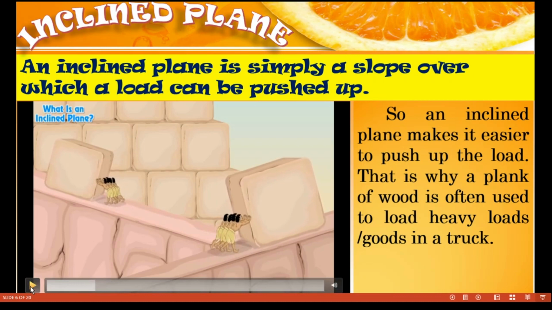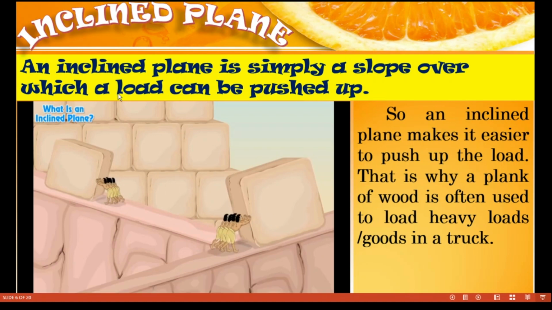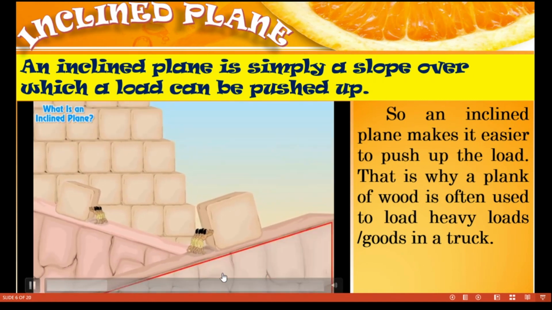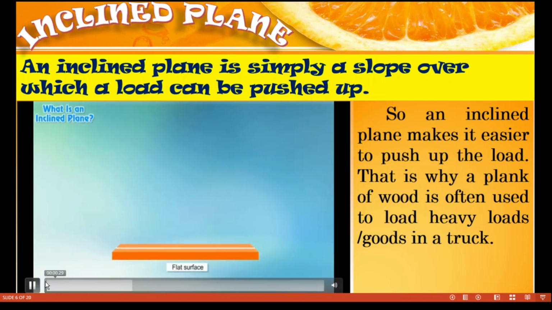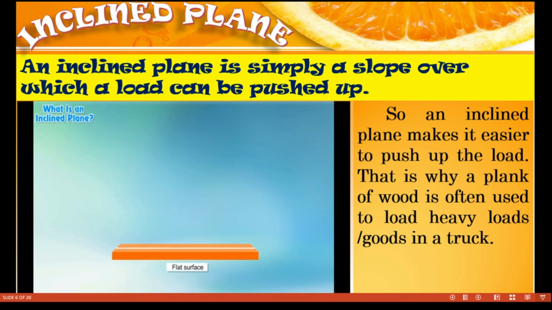In those days, in order to construct this pyramid, heavy stones were taken to the top of the pyramid by making an inclined plane like this. After constructing inclined planes, these huge blocks of stones were taken to the top of the pyramid.